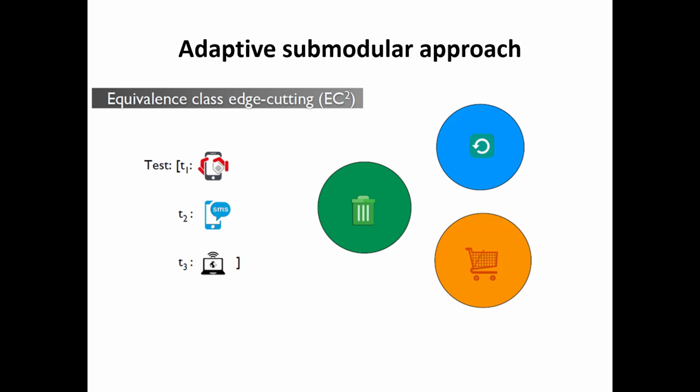One popular choice that satisfies adaptive submodularity and we use in this work is equivalence class edge cutting, which is also called EC2. It works as follows. Assume that we have three tests, T1, T2, and T3.